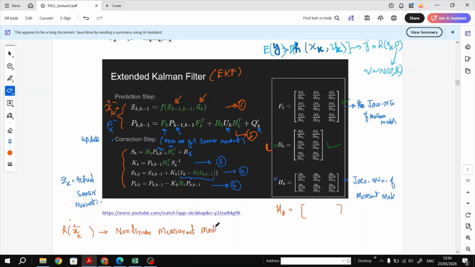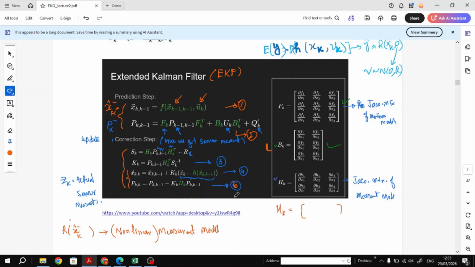It can be linear, it can be nonlinear, so I just take this measurement model and take the difference between the actual sensor measurements and the predicted sensor measurement, then multiply with the Kalman gain and add it to the predicted state. This way you update your state estimate. Once you have updated your state estimate, you also update your error covariance matrix in equation number 5.